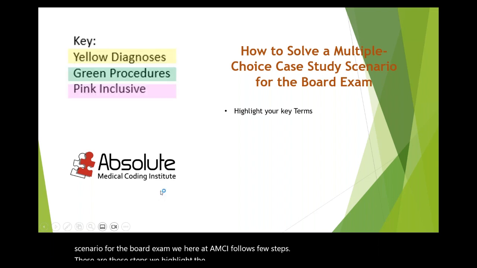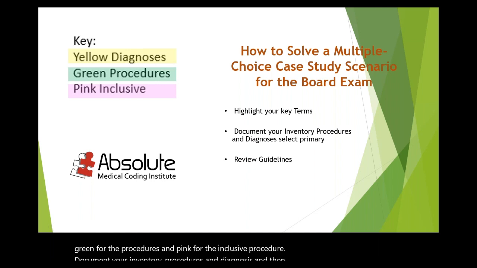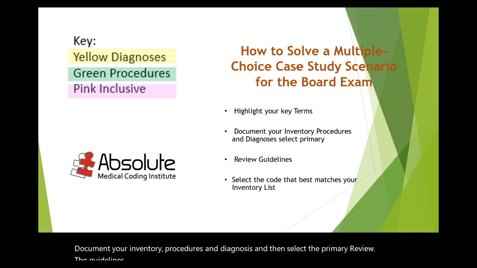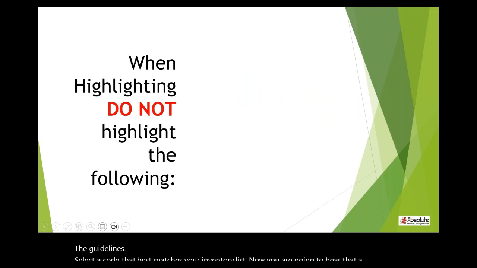We use yellow for the diagnosis, green for the procedures, and pink for the inclusive procedure. Document your inventory of procedures and diagnoses and then select the primary. Review the guidelines. Select the code that best matches your inventory list. You're going to hear that a lot during these group studies.